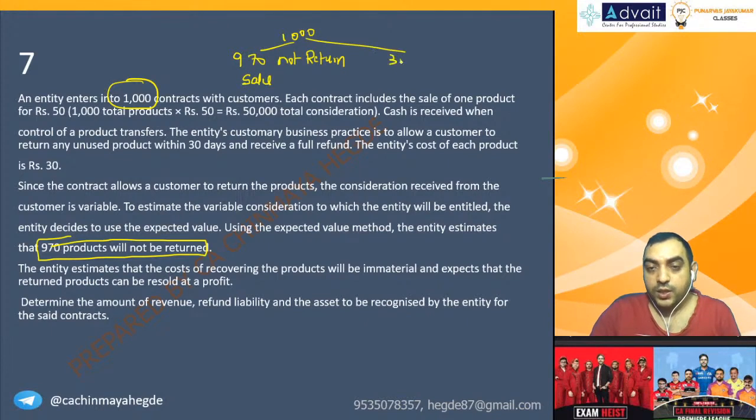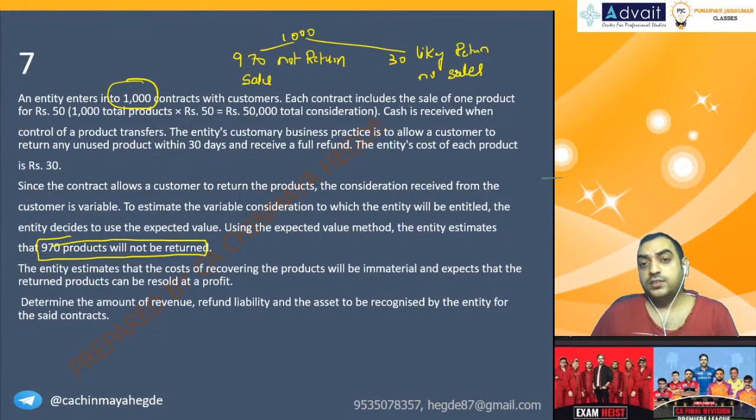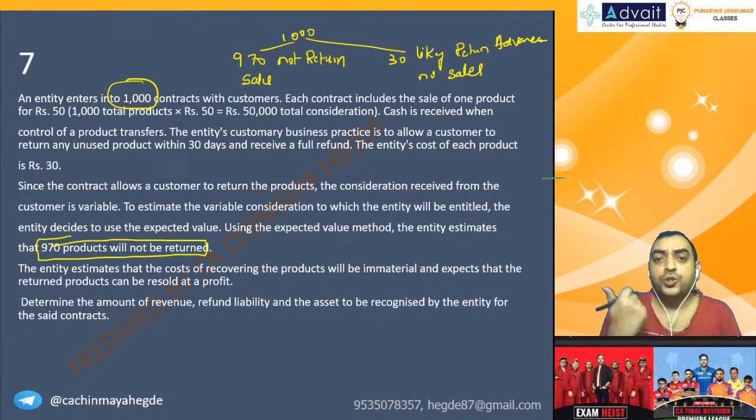But on 30 products, which are likely to be returned, that means no sales. No sales means, what about the money already received? You have to treat it as an advance, or they will call it a contractual liability, because no sales but money already received, so it is an advance.